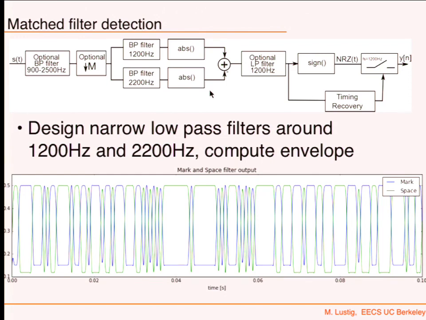The mark, which is the 1200, and the space, which is the 2200, they switch between each other. And so if I sample exactly at the right points, then I would get the right bit value. Because one of them is going to be more dominant. It's pretty cool, actually, how it shows.